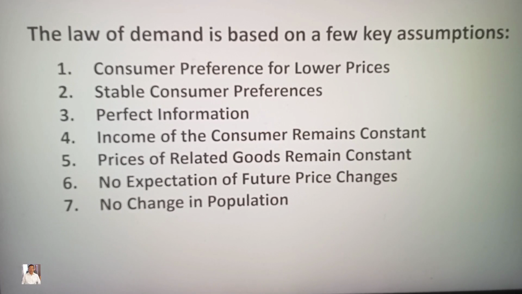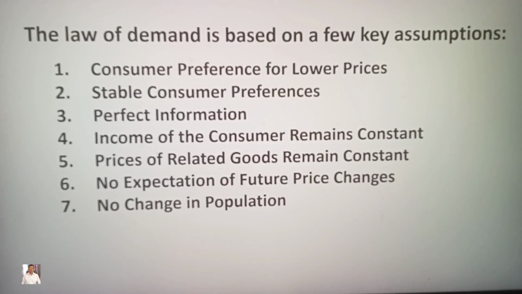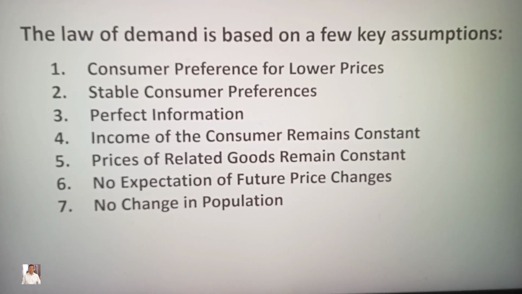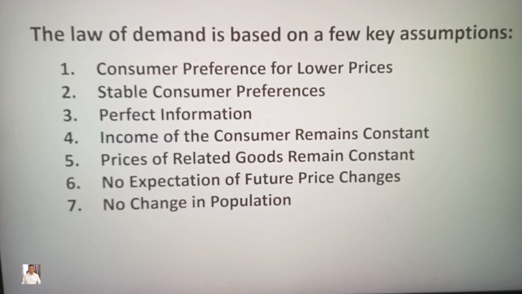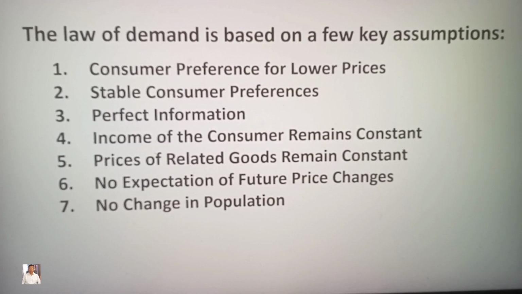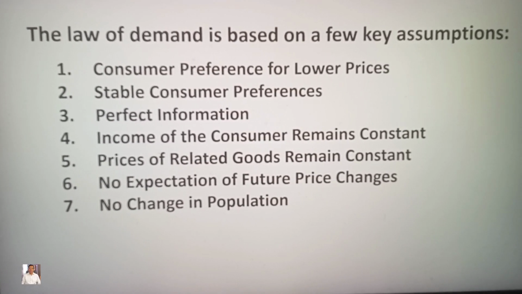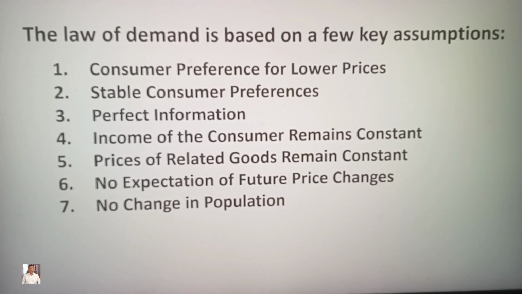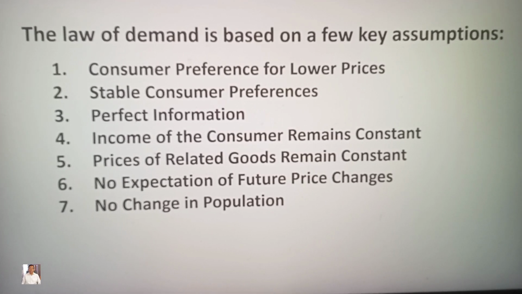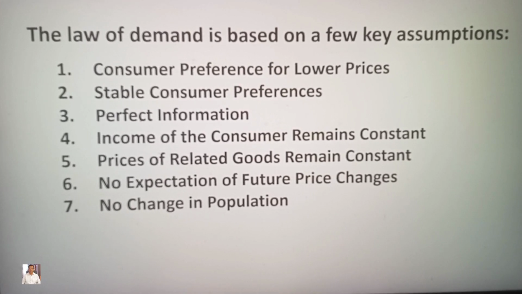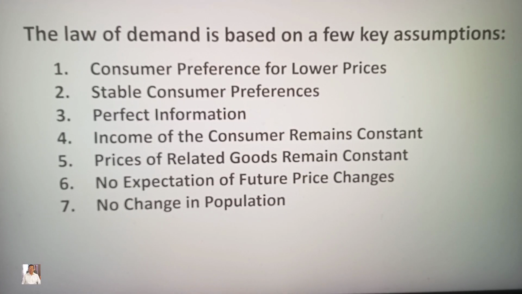Second, stable consumer preferences. This assumes that tastes and incomes do not change over time. This means that usually changes in demand are due to a change in price and not because of changes in tastes and income. Third, perfect information.